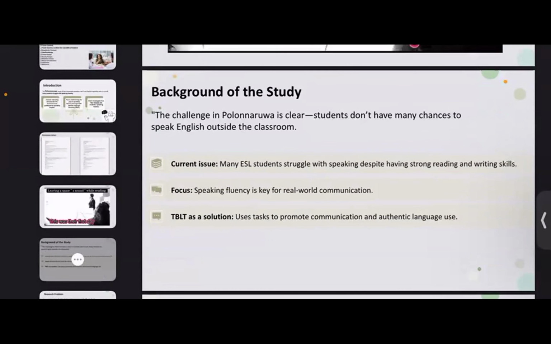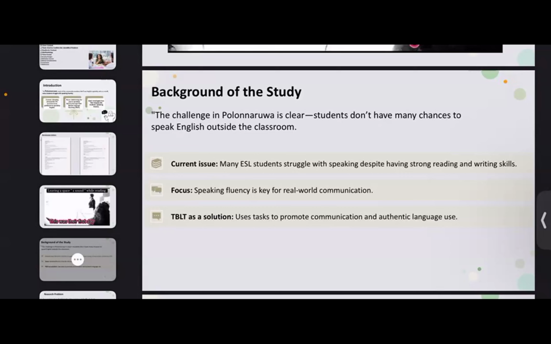As you can see here, I have divided it into 3 parts: the current issue, my focusing part, and TBLT as a solution. The challenge is clear. Students don't have many chances to speak English outside the classroom. Despite this, the demand for English proficiency is growing, especially as the global job market increasingly values English speaking skills.